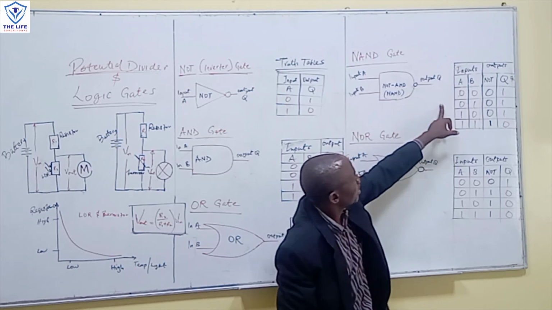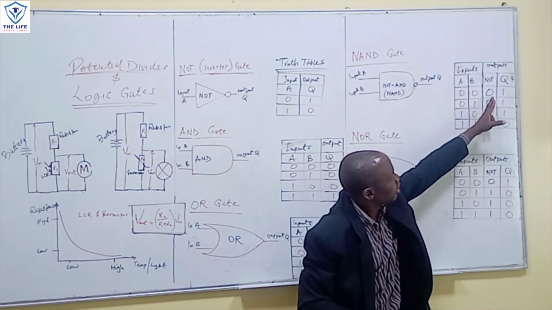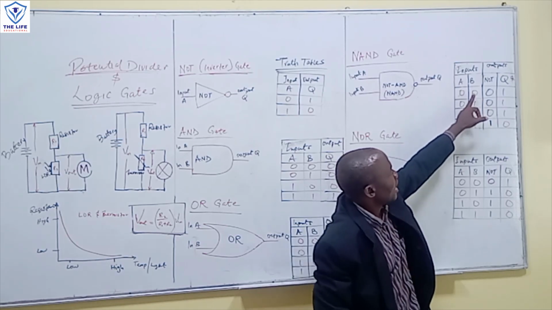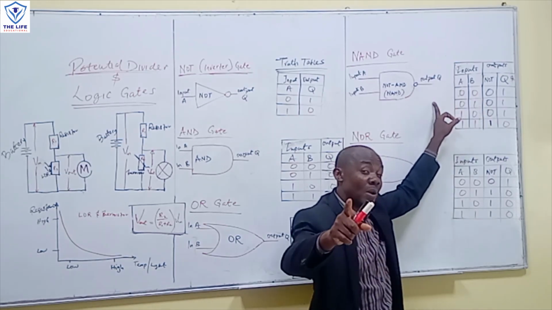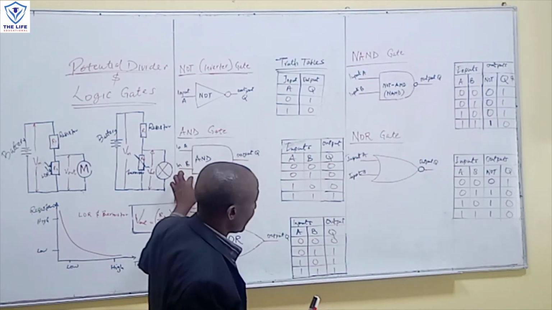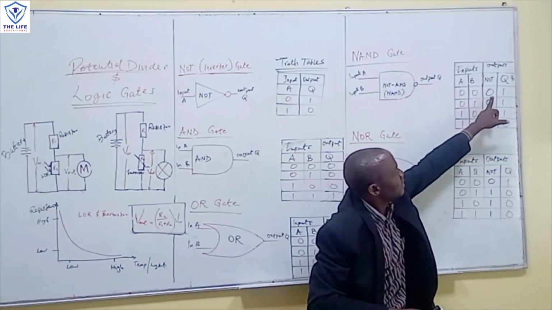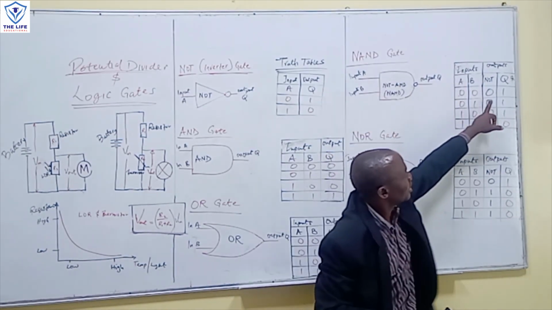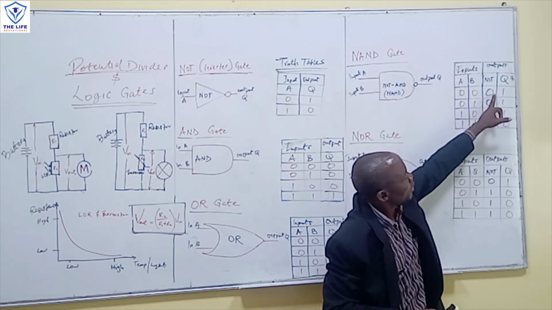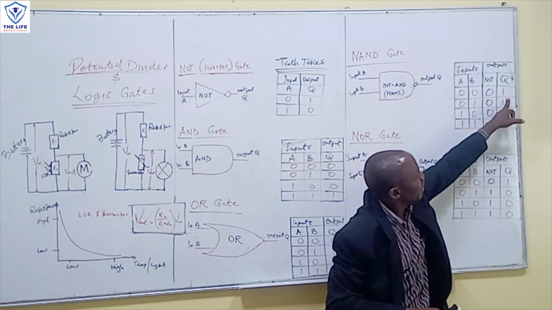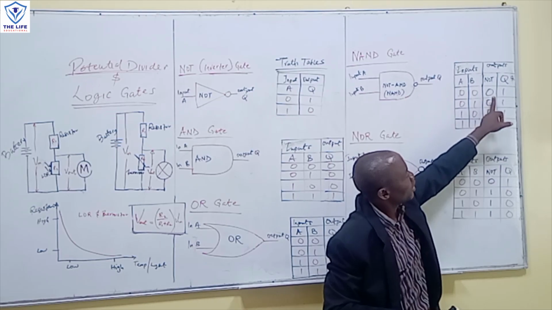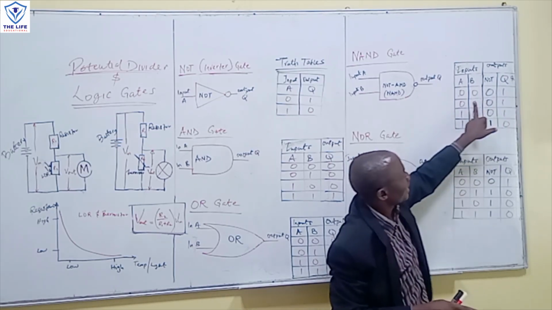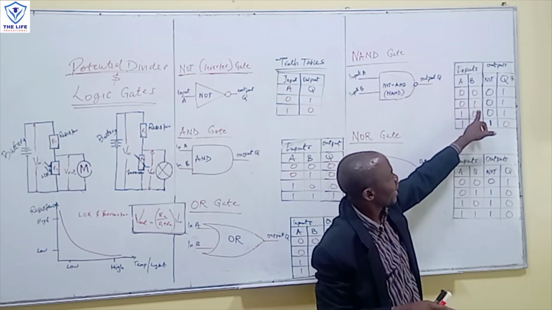That's why in our truth table, we introduce a column for NOT. So when you have 0, 0 as input, remember when it was an AND gate, we should have 0 as output. But because we're now using the NAND gate, the NOT is included, so the opposite of 0 will be 1. So for 0, 0, instead of having 0 for AND, we're going to have 1. The same way, 0, 1, don't forget, is an AND.